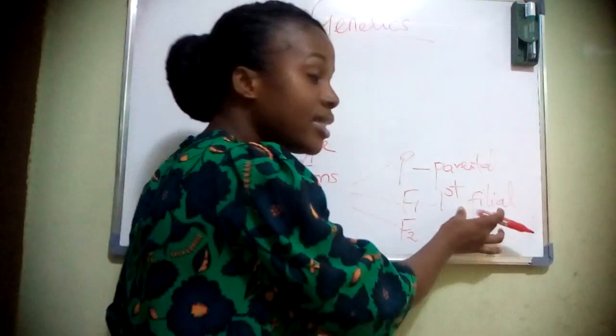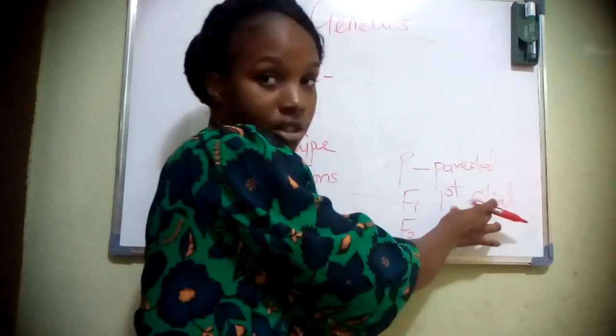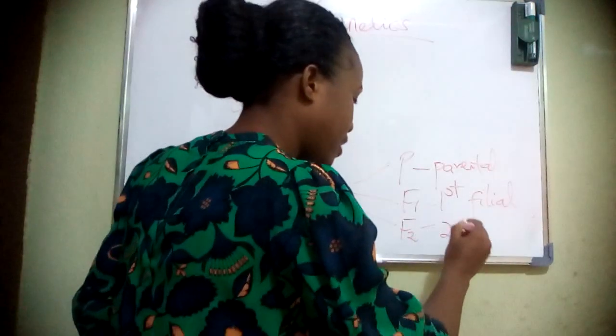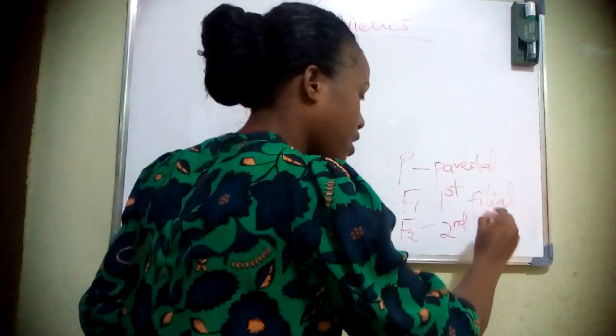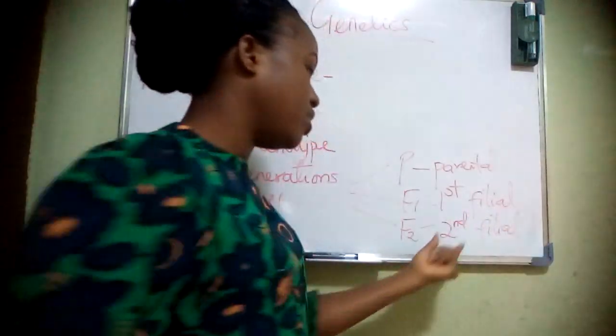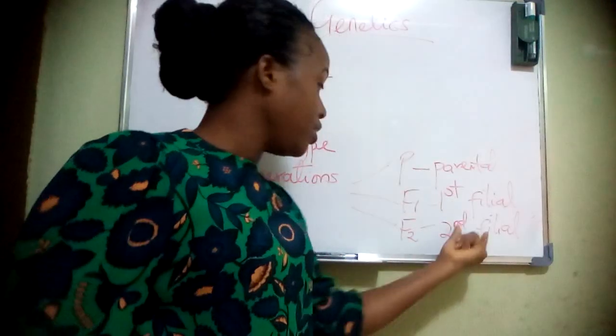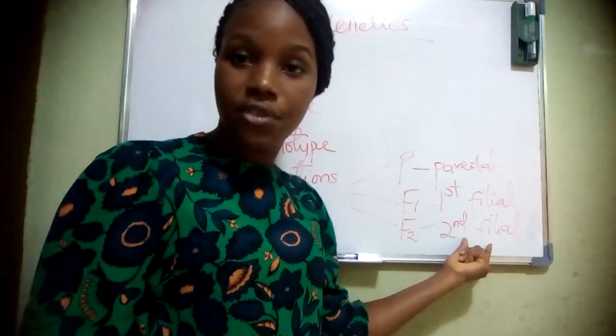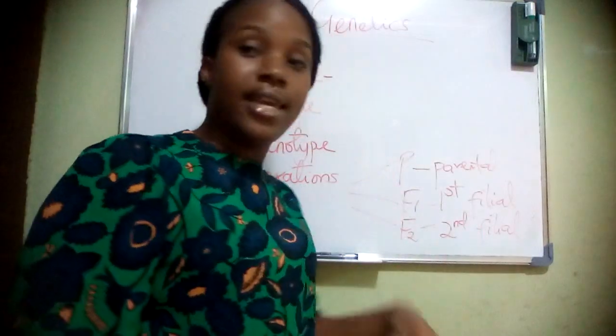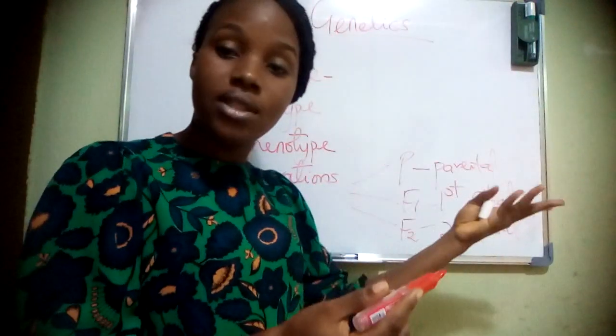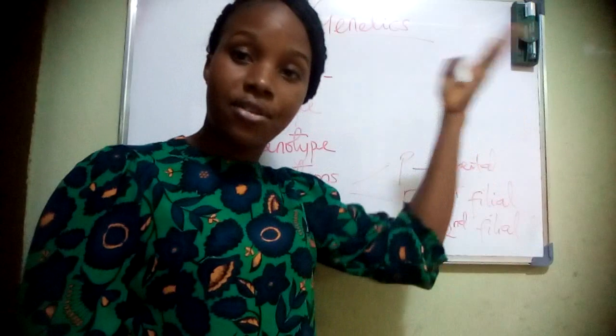And then when you cross individuals from the first filial generation, you will get the second filial generation. That means these are the offspring of the first filial generation. Also, if you cross individuals from the second filial generation, you will get the F3 generation. If you cross individuals from the F3, you get F4, and so on.